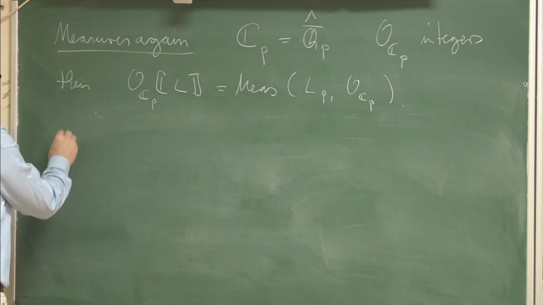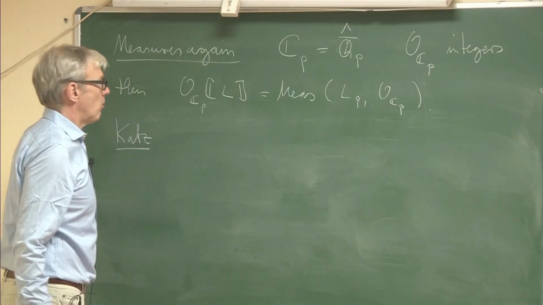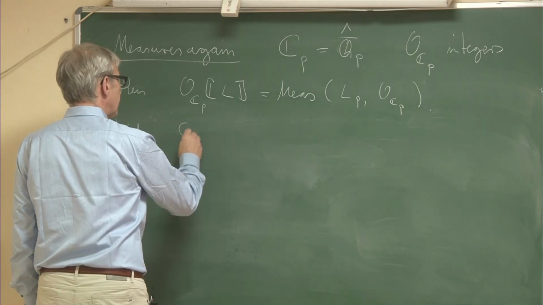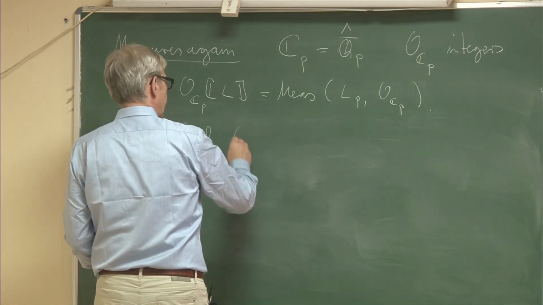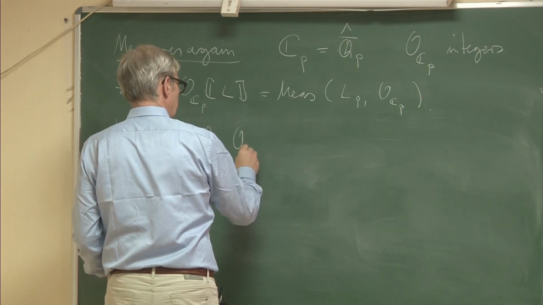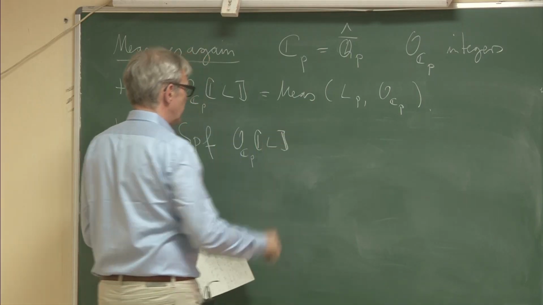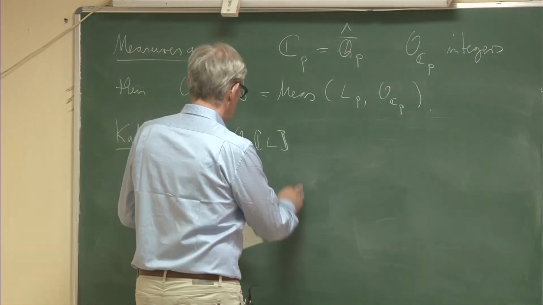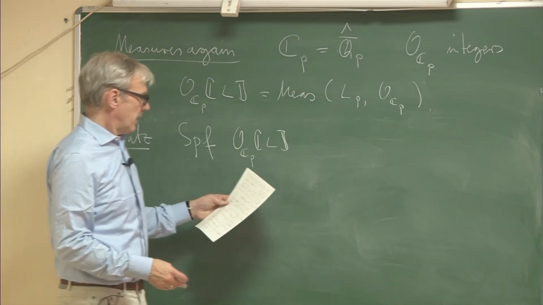But now Nick Katz has observed the following geometric interpretation of that. If you take the formal spectrum of this ring, O_{C_p}[[L_p]], that's some power series ring, and it even has a Hopf algebra structure because it's a completed group ring.